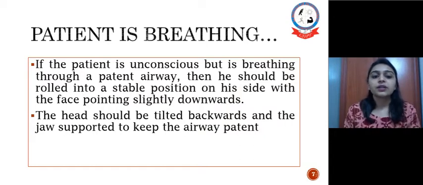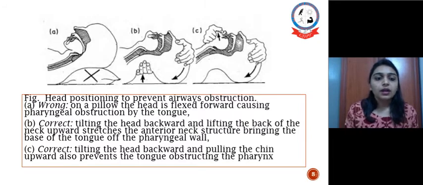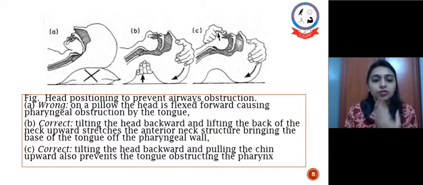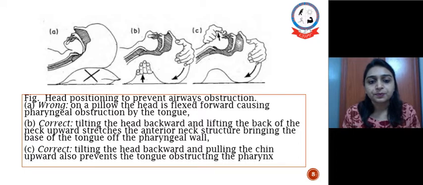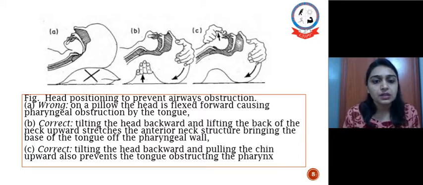The head should be tilted backward and the jaw supported to keep the airway patent. If we make the patient lie supine, then we need to tilt the head upward and give a thrust to the jaw so that the mouth remains open. As shown in figures B and C is the correct way. We should not provide a pillow, which will obstruct the airway.